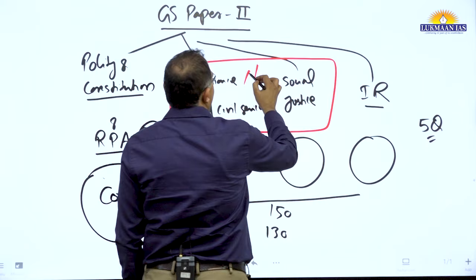But it matters when we see the UPSC trends, what UPSC does. If you see the analysis given in tabular form, you will find that most of the questions still come from this side.